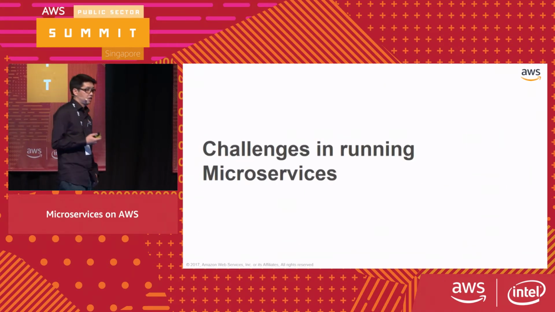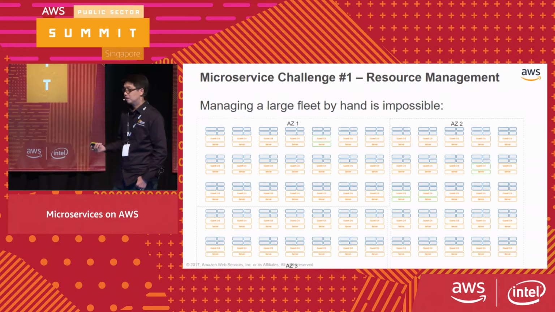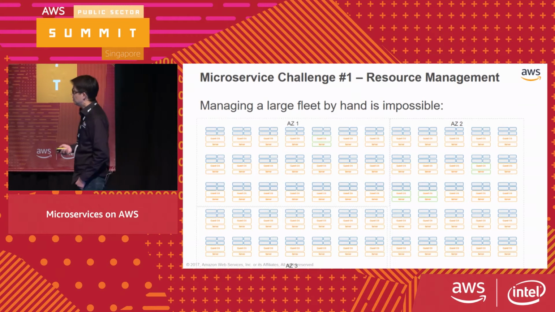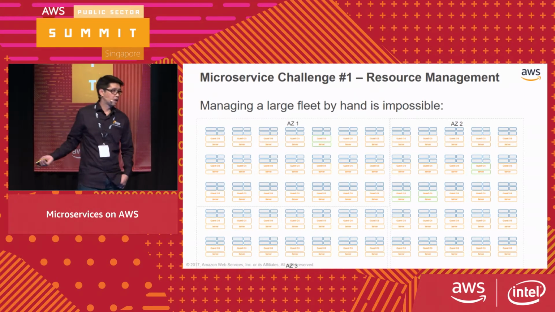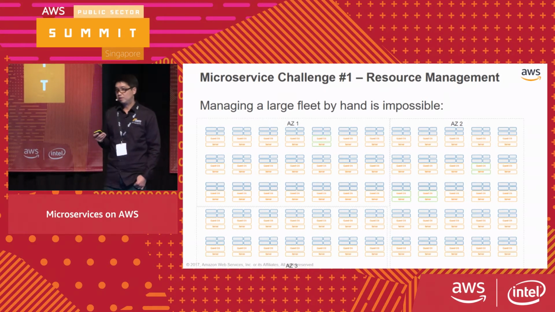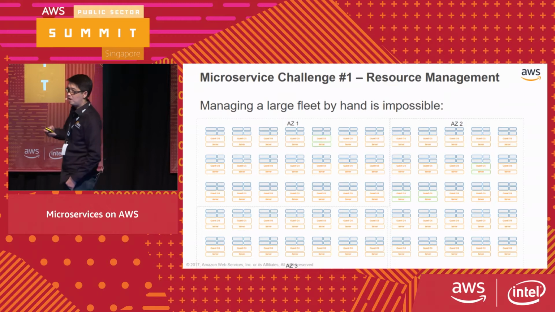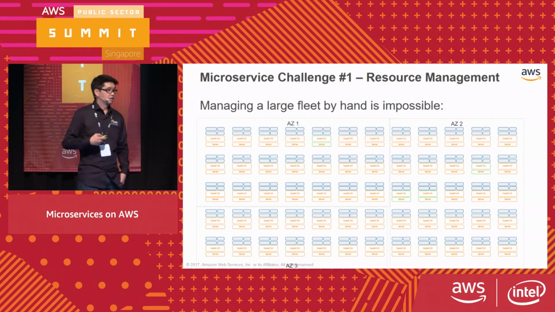Now let's look at some of the challenges of running microservices. First is resource management. When you have a large fleet of servers, for example, 3 AZs in a particular region and a bunch of EC2 instances, it will be very hard, or practically impossible, to manage by hand when you grow to such a large fleet.